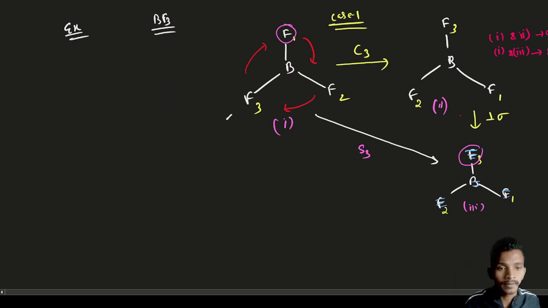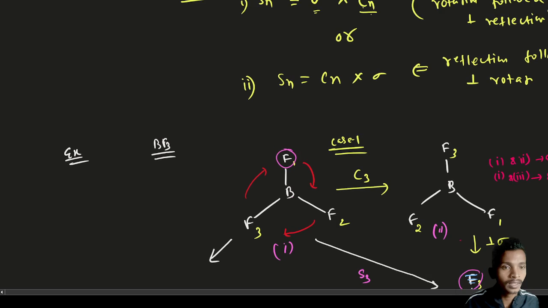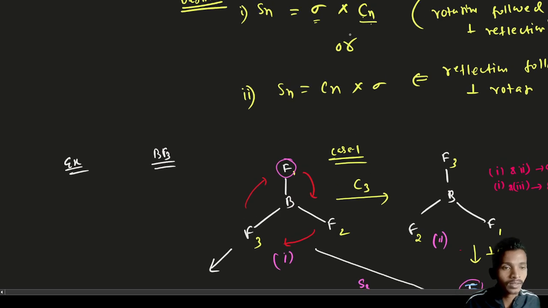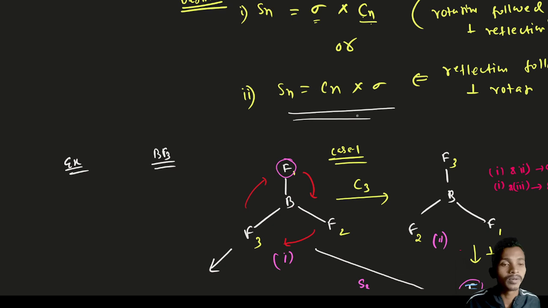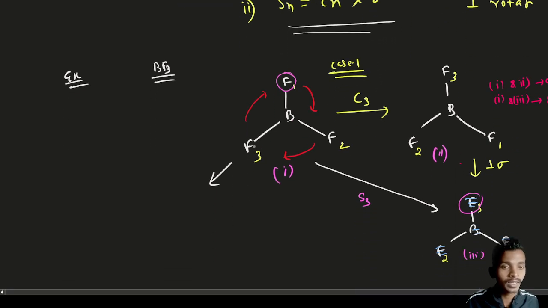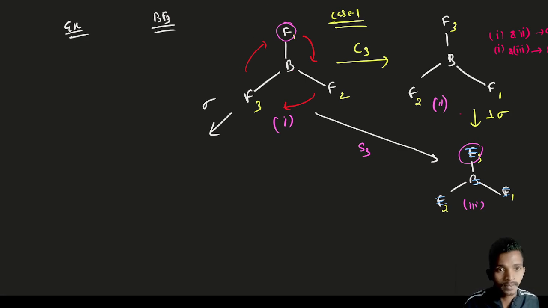Similarly, now if I apply another, this was case 1: rotations followed by perpendicular reflections. This way is also possible: reflections followed by perpendicular rotations. So now if I apply that sigma, that is reflections, then what happened?